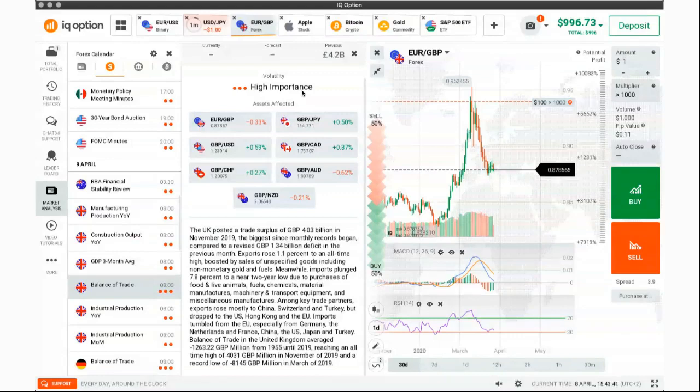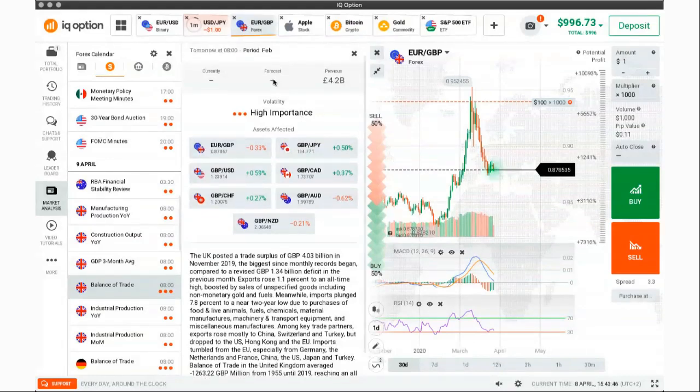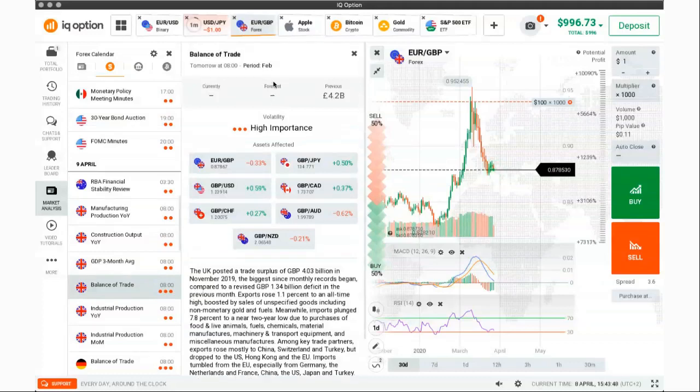So if I was trading Euro GBP and there was a positive outcome for the balance of trade, which is obviously from the UK, it would be good news for the UK, okay, if it was a positive outcome, okay? So we need to first establish what is a positive outcome.